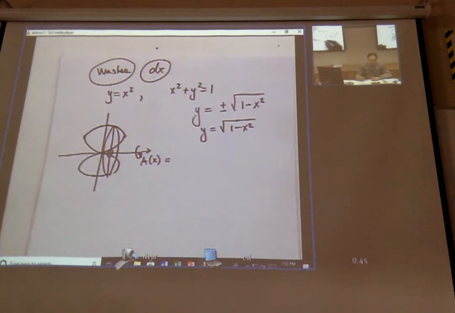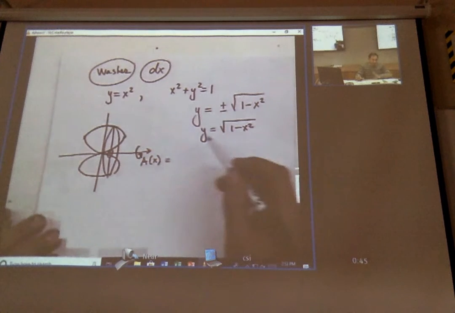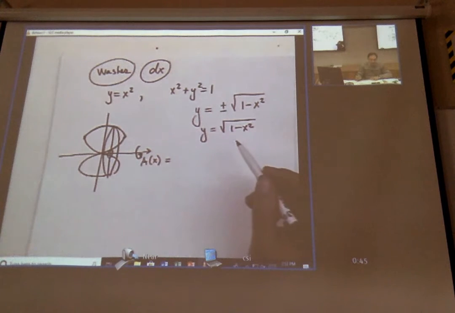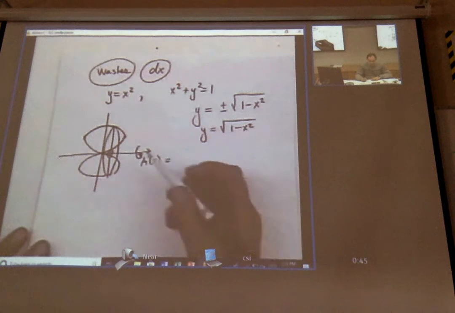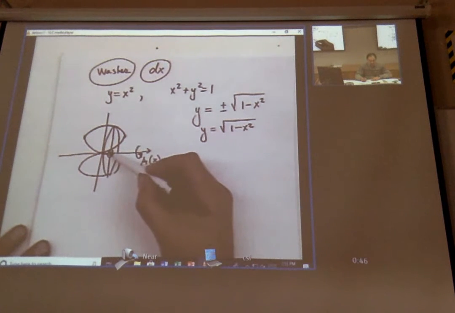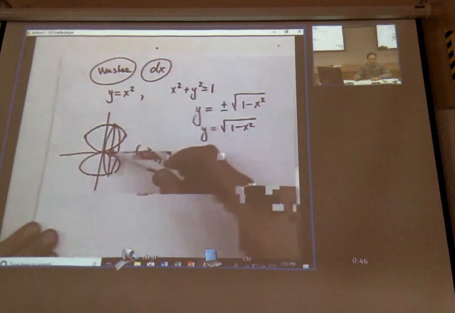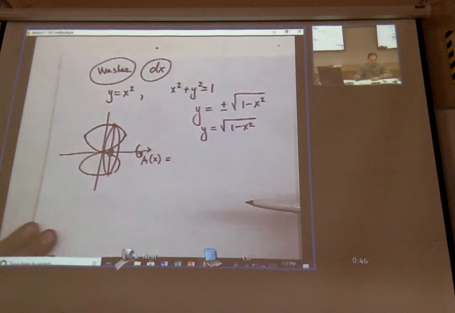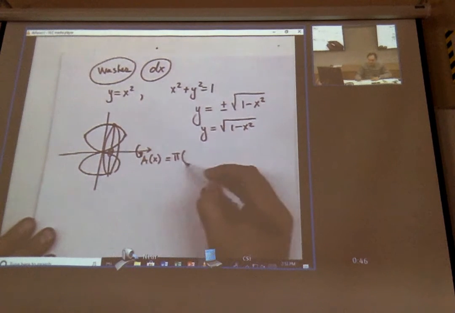So, again, the same story. We have to get the right radius. So the question is, what's the distance from x-axis, which is our axis of rotation, to this one? This will be what? 1 minus x squared, or pi times. So pi times, right, if you put this in. And what will be the radius?